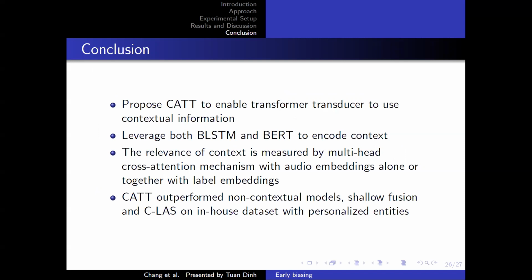The relevance of context is measured by a cross-attention mechanism with audio embedding alone or both audio and label embedding. CAT outperforms the non-contextual model, shallow fusion, and CLAS on an in-house dataset with personalized entities.